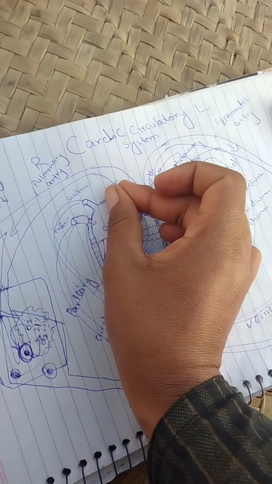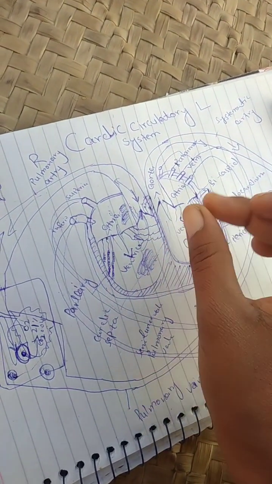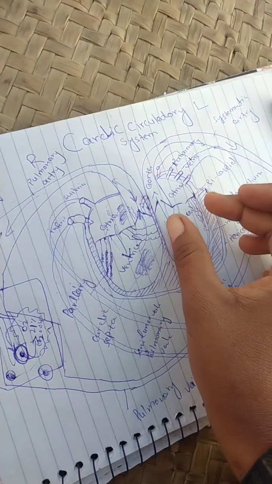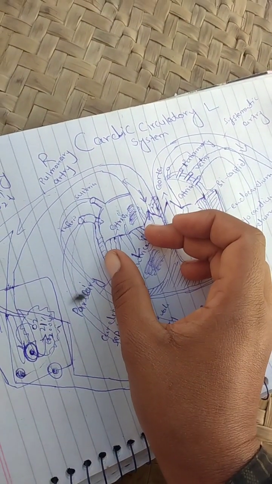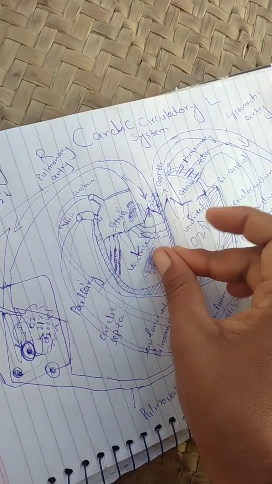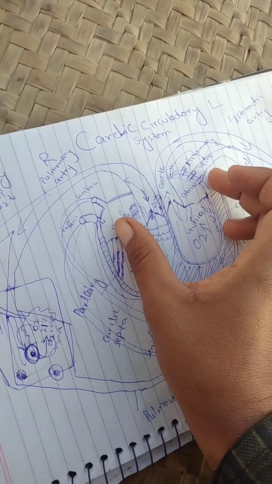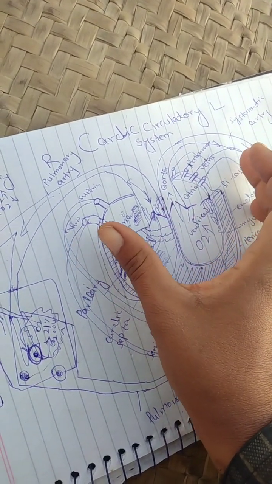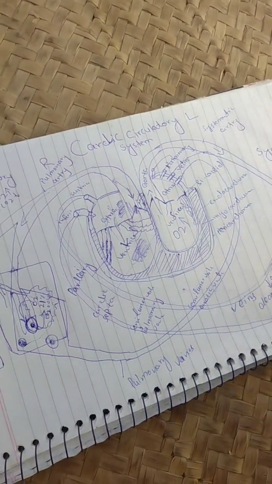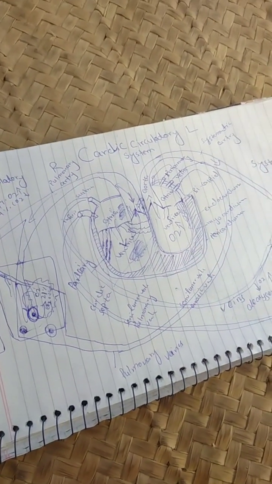When the atria contract, the lub sound is produced; when the ventricles contract, the dub sound is produced. When the atria contract, the bicuspid and tricuspid valves open and produce lub. Then the ventricles contract, the aortic and pulmonary valves open and produce dub. In this way the heart sound is produced, lub and dub.